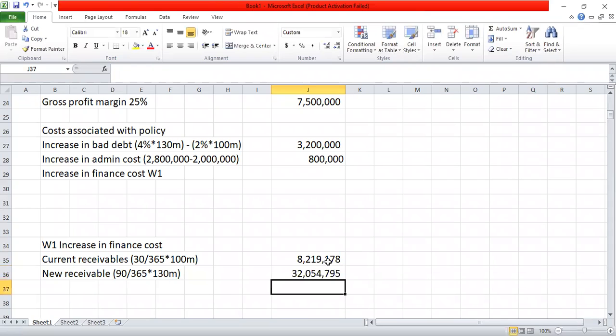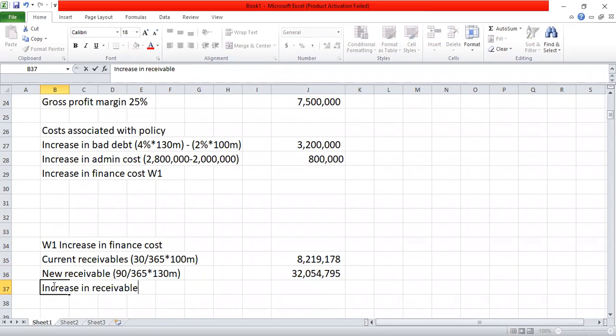This is going to be the new receivable after introducing the new policy. So what is the increase in the receivable? It is going to be this minus this.